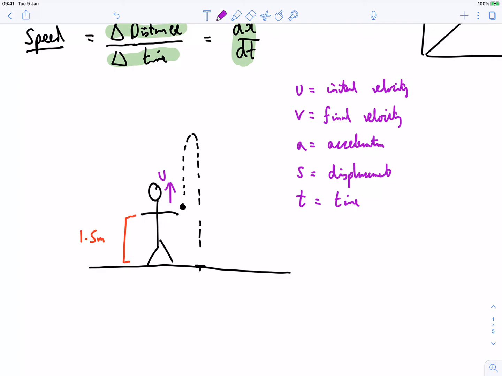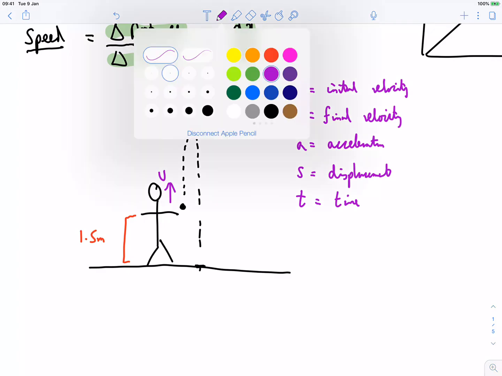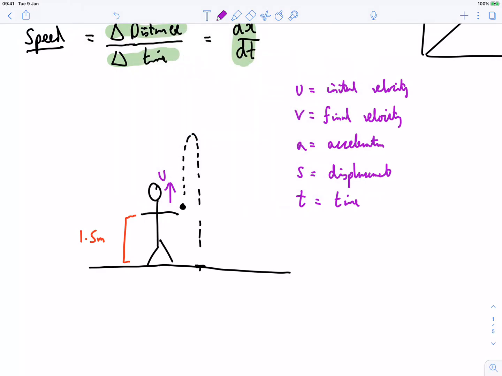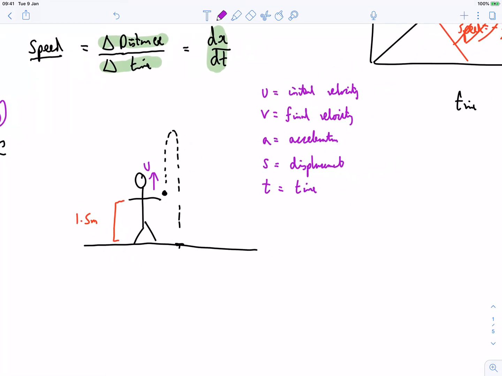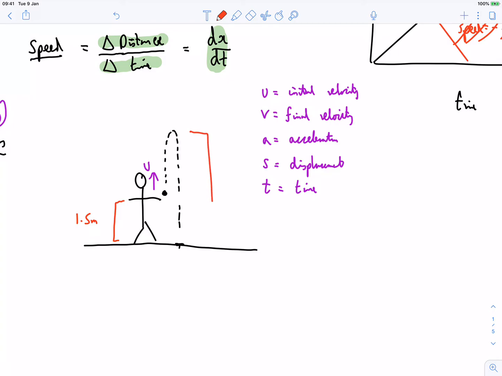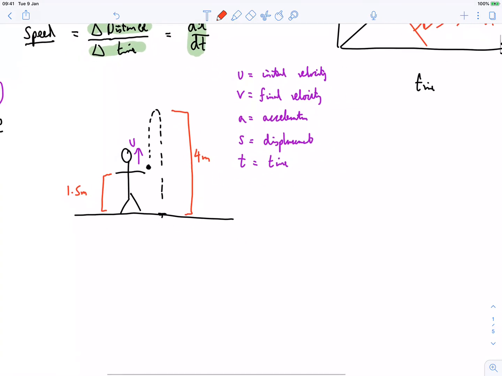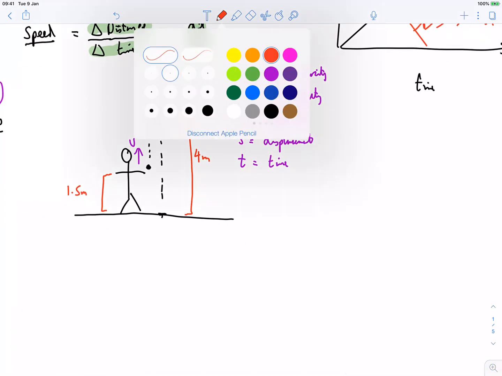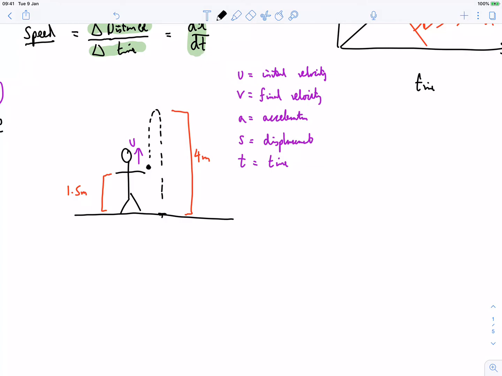So let's think about it. Let's draw a picture. Let's suppose that it reaches a maximum height of 4 meters above the ground. Let's think about all the different possible configurations going on here. Well, what's happening when time is 0?